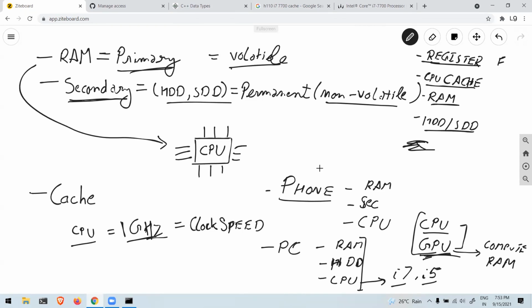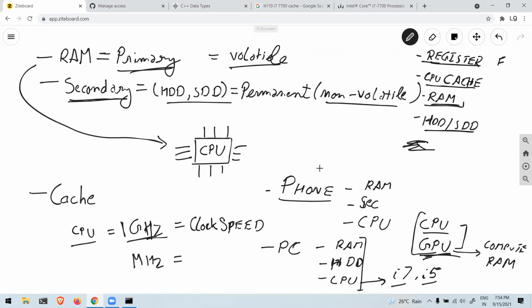Then comes your RAM, which is rated in megahertz. RAM chips have a clock frequency in megahertz, and it is slower than your CPU cache also. Then after your RAM come your HDDs and SSDs, which are typically 1,000 times slower than your RAM.